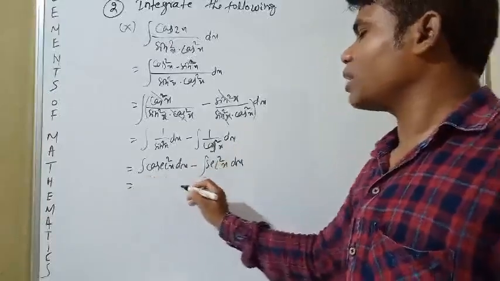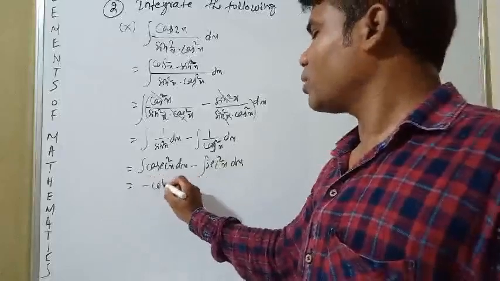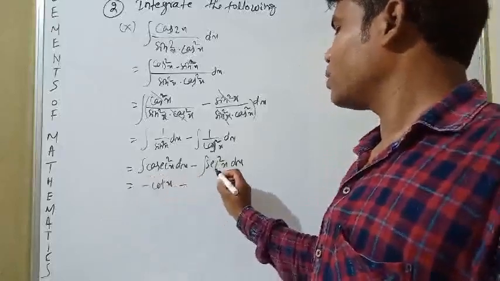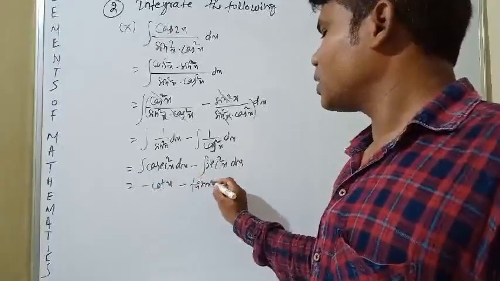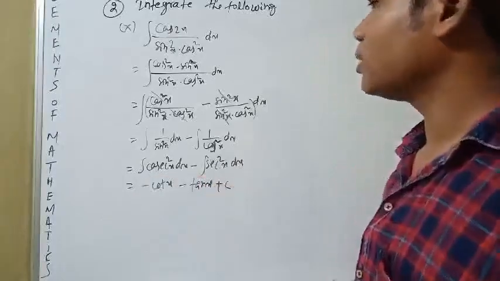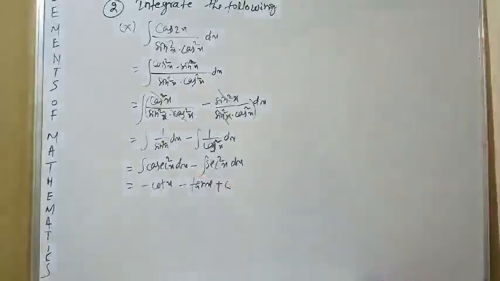Integration of cosec square x dx is minus cot x, minus integration of sec square x, that is tan x, plus c. Pause the video, note it down.